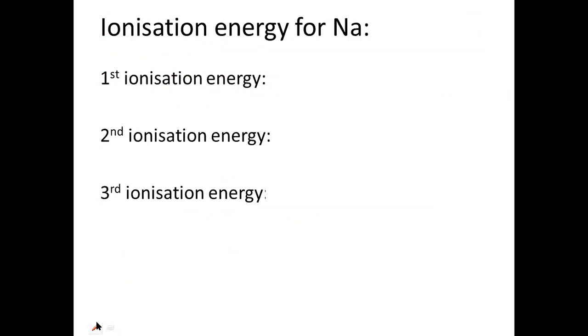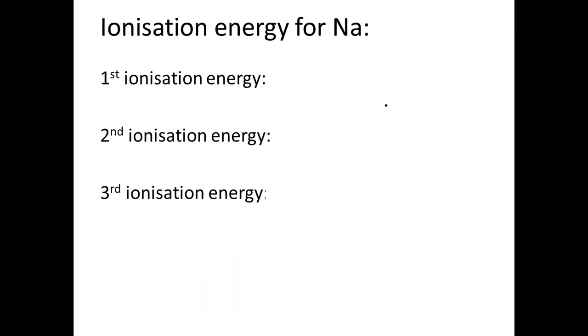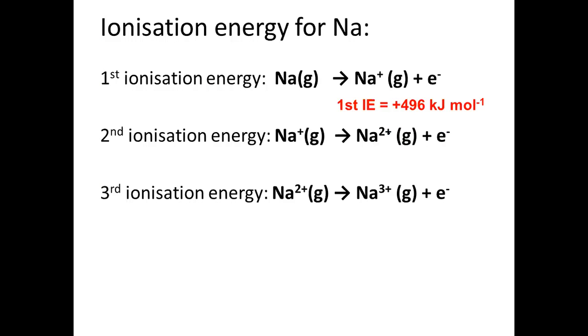Right, so what I want you to do, just to quickly revise that, is have a go and write an equation for ionization energy for sodium: first ionization energy, second ionization energy, third ionization energy. Pause. Right, let's check. So you can see we're starting from 0 charge.